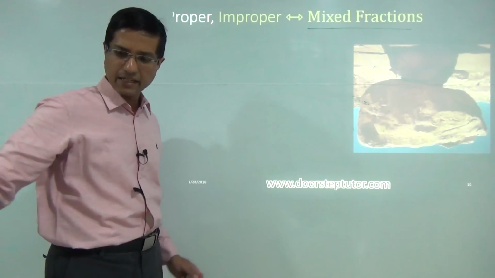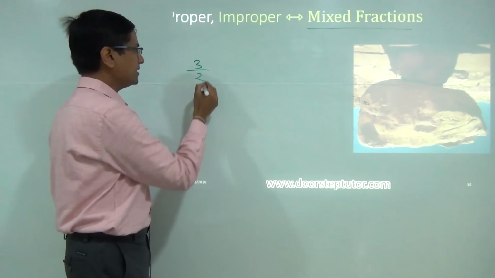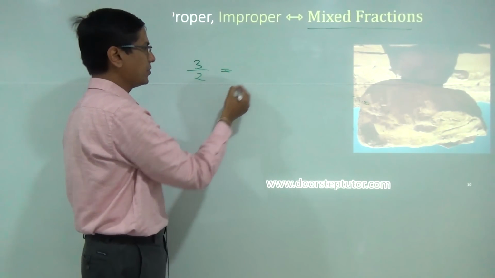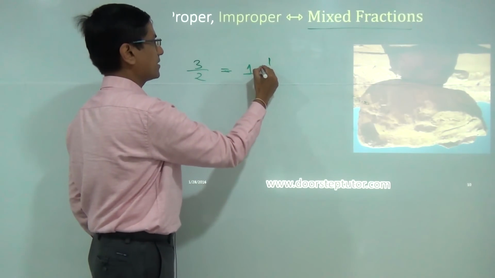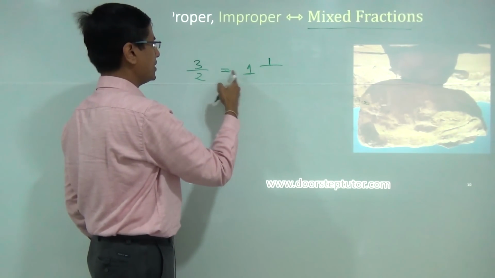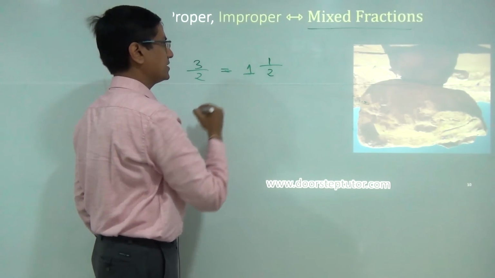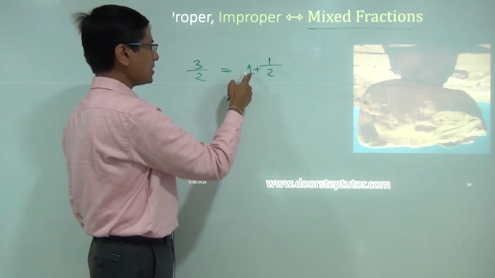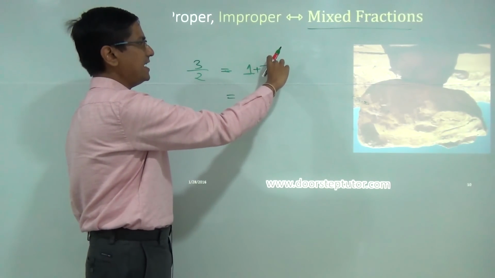Let's quickly take an example. So 3/2 is an improper fraction. The way I convert it to a mixed fraction is, I divide 3 by 2. 1 is the quotient and 1 is the remainder. So I write the quotient 1 here, the remainder 1 comes here, and then 2 is simply written here. What does this mean? It means in 3/2 I have one full quantity and then half more.